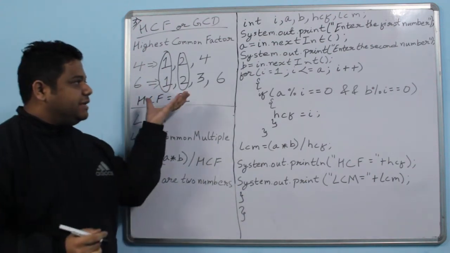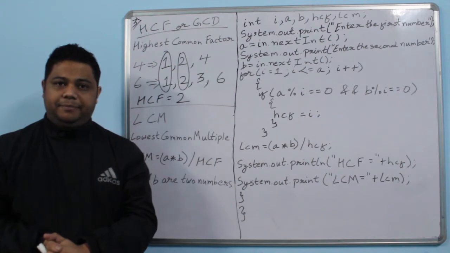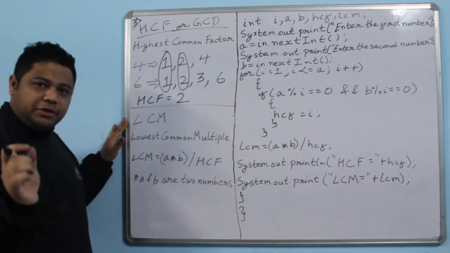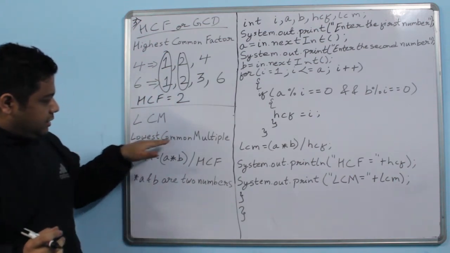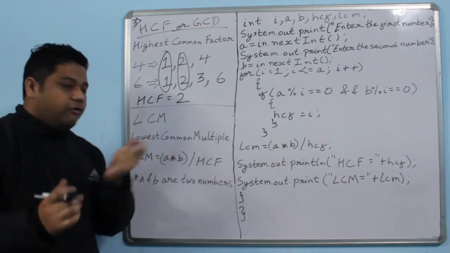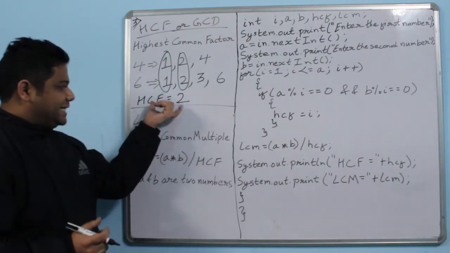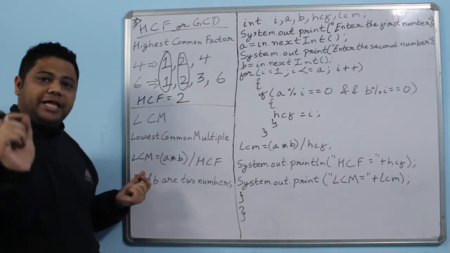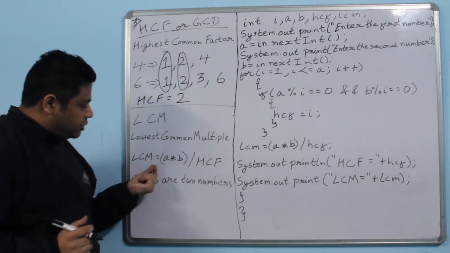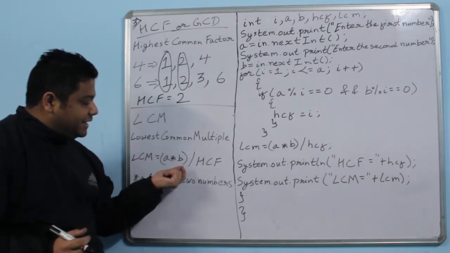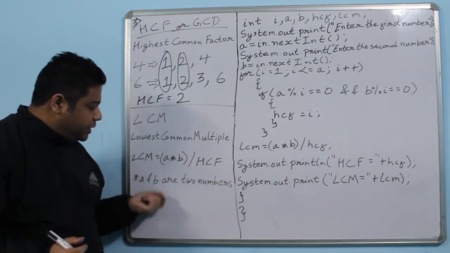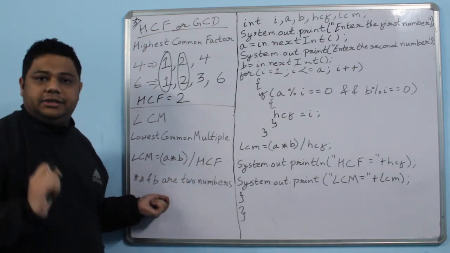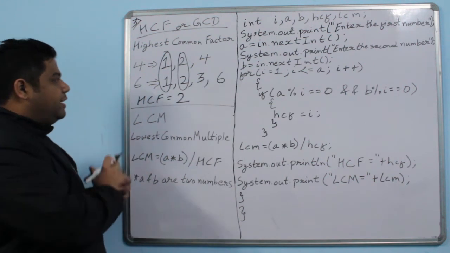This is the technique we are going to use in the program. And for LCM, we are not going to dig into the method, but we are using the formula directly, because if we find the HCF, LCM can be found with the help of the formula. So LCM equals A into B divided by HCF. Here A and B are the two numbers. So this is how we are going to do it.